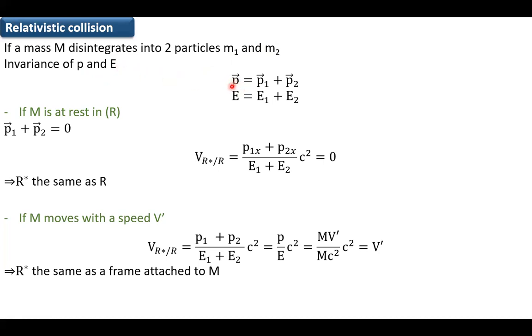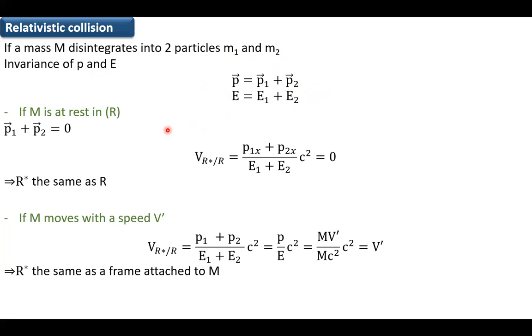So this P, which is equal to P1 plus P2, and E, which is equal to E1 plus E2, are conserved. So P of big M is equal to P of M1 plus P of M2, and the initial energy of big M is equal to the energy of M1 plus the energy of M2, which represents the total energy of the system.